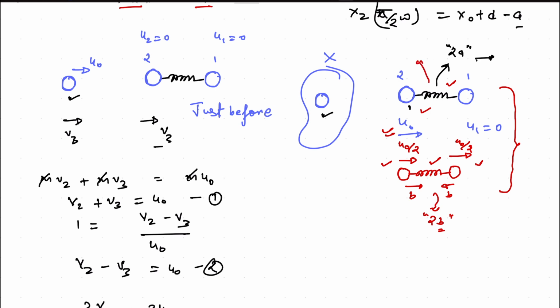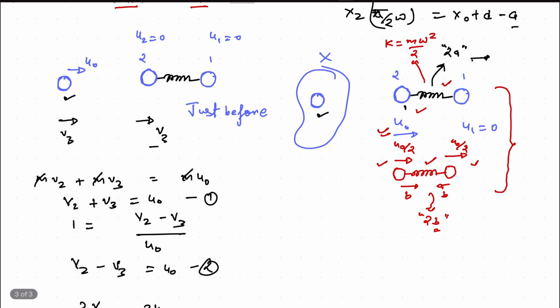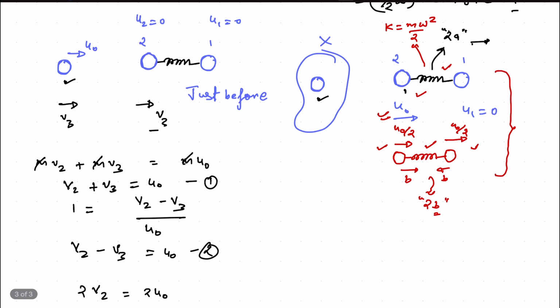Now what about the spring constant? If you remember, what is the spring constant? The spring constant is m omega square divided by, alright, this is our spring constant. We did this derivation in SHM. So initially the total energy is half m u naught square.